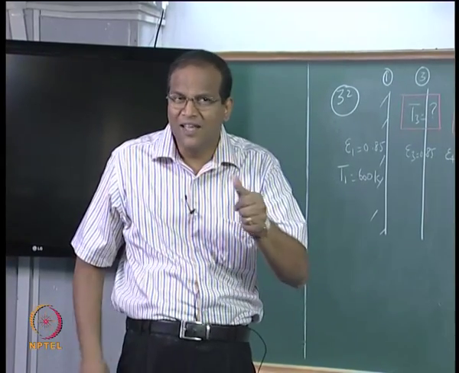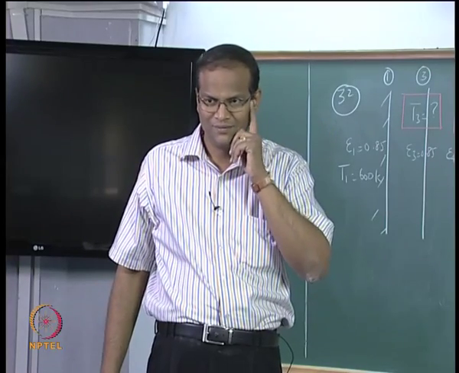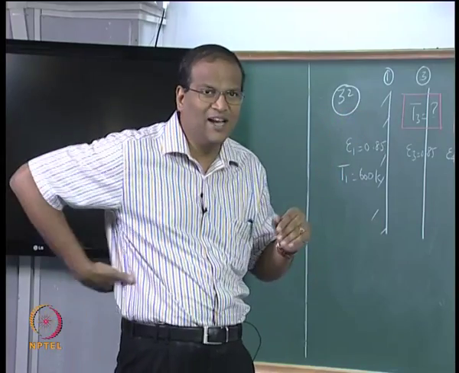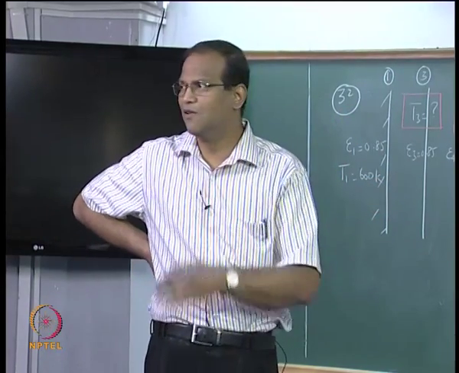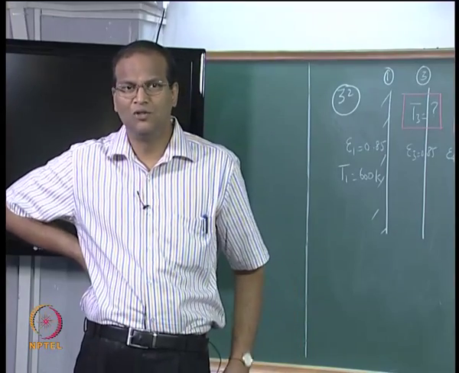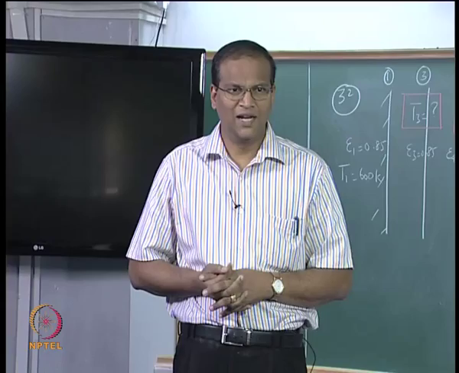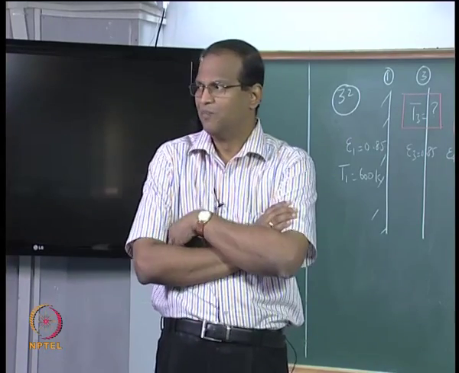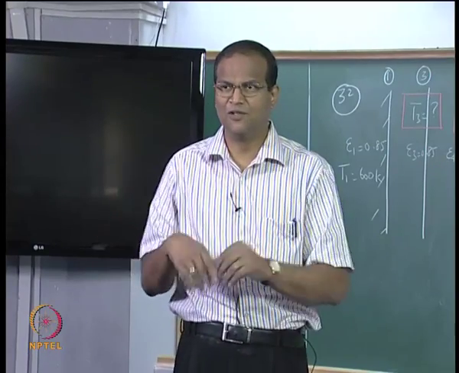In fact, a re-radiating surface will also behave like this. Are the two shields re-radiating surfaces? Yes. Whatever heat they receive from the left side, they give it to the right side. So the Q net from that surface is 0. Q net is whatever is going from right minus whatever is going from left, so they cancel out.